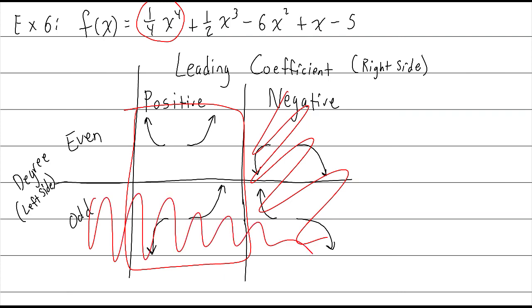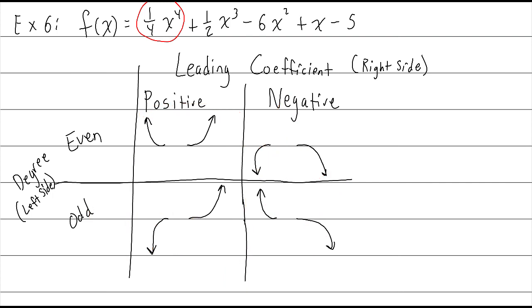So if I want to picture the graph here, it's going up to the right and up to the left. Again, it's going to do something in between, I'm not sure, but that is all I care about for end behavior. All right, let's do another example then.